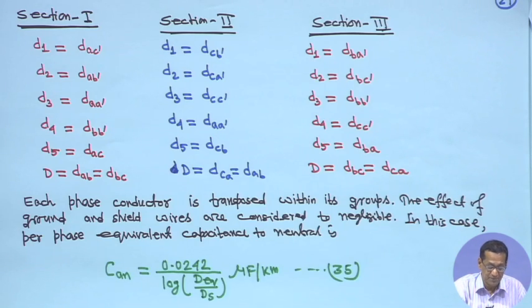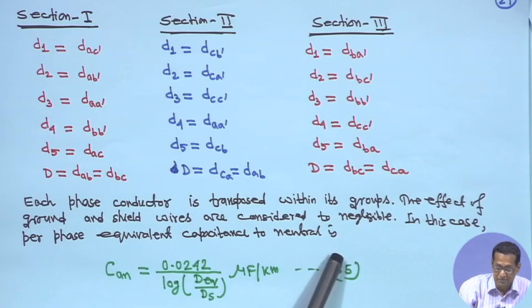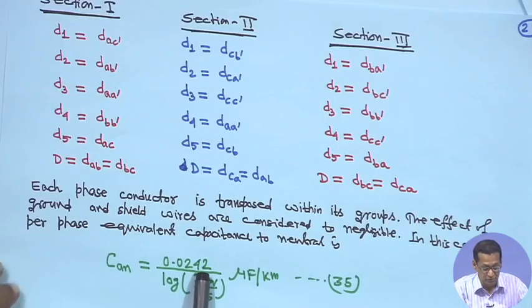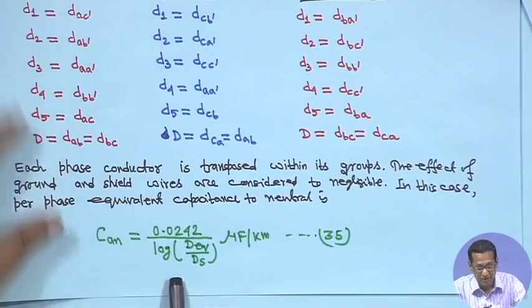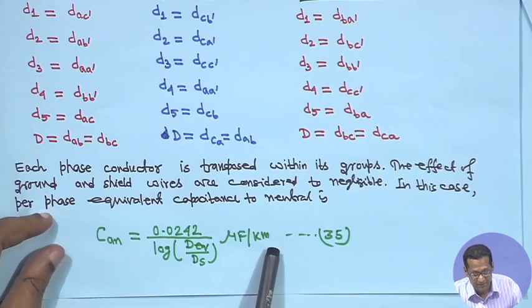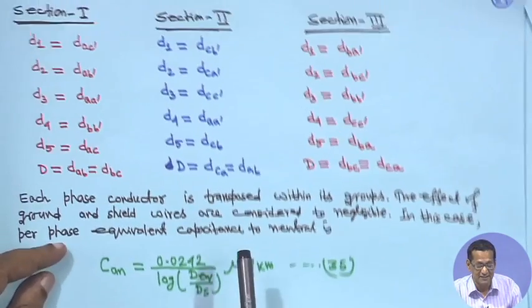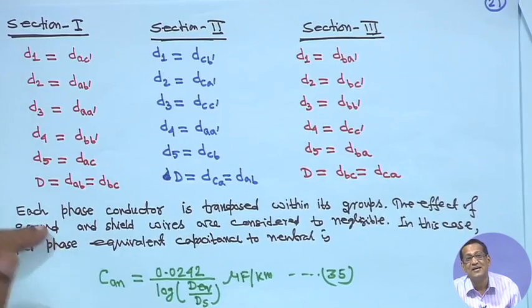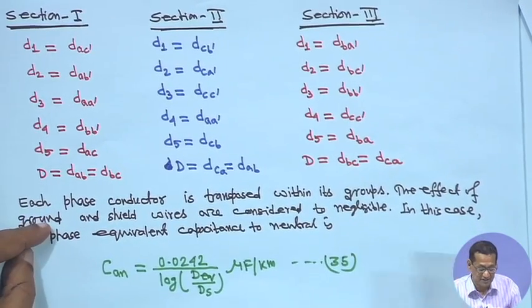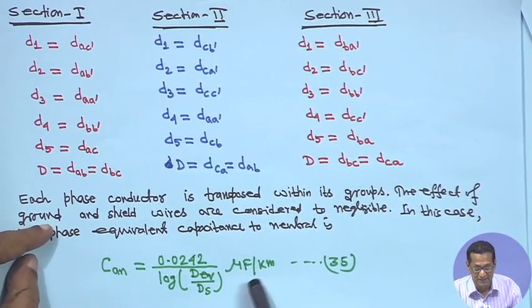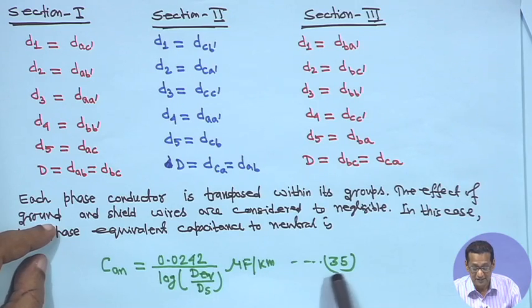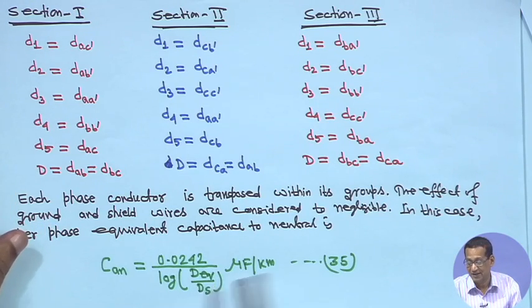In this case, the per phase equivalent capacitance to neutral is CAN equal to 0.0242 divided by log Deq upon Ds microfarad per kilometer. Generally you know log D upon r, but as it is a three phase double circuit line, it is basically log Deq upon Ds microfarad per kilometer. This is equation 35 and we have seen this before.